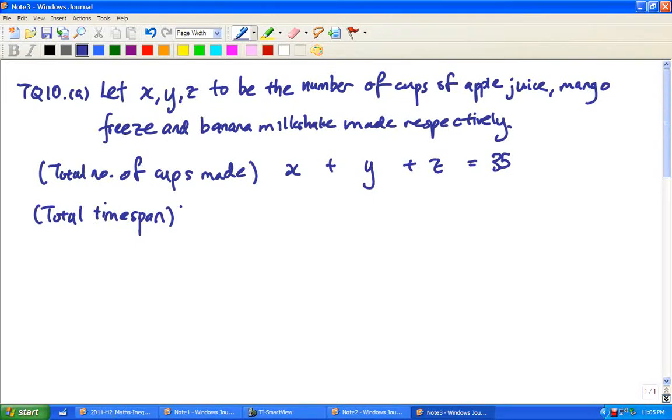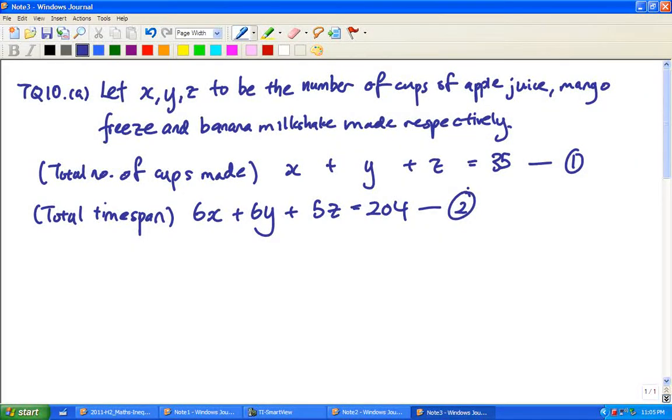For apple juice, if you look at the column corresponding to apple juice, the total time for all 3 processes added up is 6 minutes, 1 plus 3 plus 2. So 6x. Similarly for mango freeze, plus 6y, is also 6 minutes, and for the last one it will be 5 minutes, 5z. It totals to 204. So we now have equations 1 and 2.